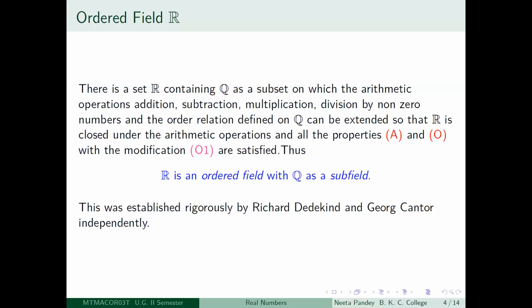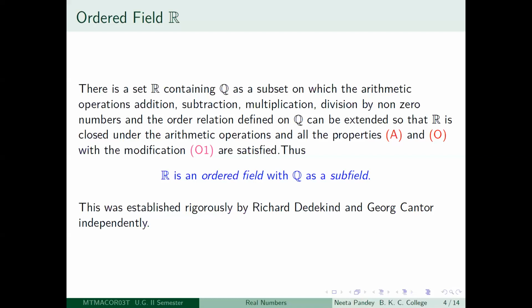So these are quite deep results, and maybe at a later stage I will give a lecture on both of these ideas, but for the time being let us assume that there is such a set.